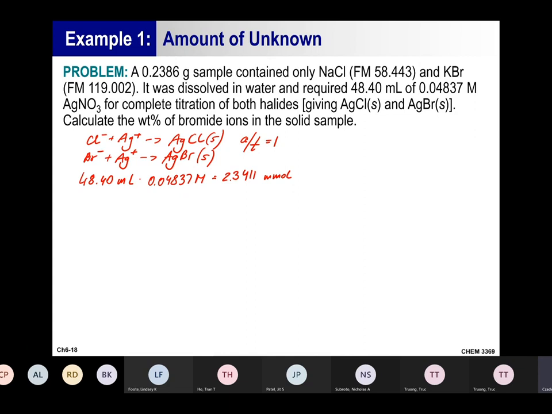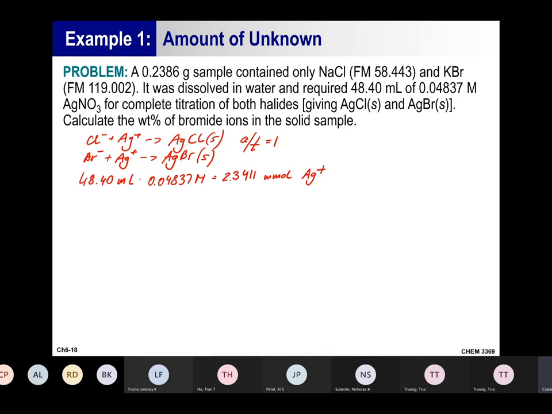Okay, so don't lose track of the units here because I used milliliters and I multiplied by the molarity, which is moles per liter. So somewhere along the way, we need to remember to convert the units so they are consistent. So this is millimoles of silver plus, right? This is the titrant that reacted with the analyte.